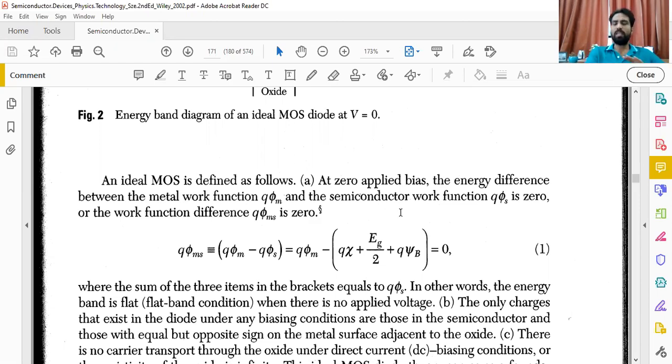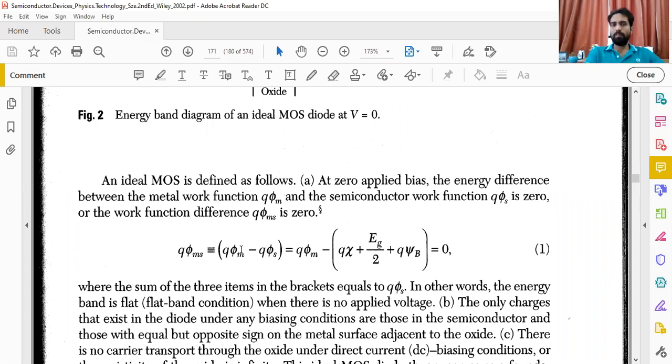So this is simply saying that if you have a simple MOS and this MOS diode has a certain energy band gap diagram, under that band gap diagram you have to talk about the work function. This work function is everywhere, in the PN junction too. But here, the work function has significance in how much energy difference is required.